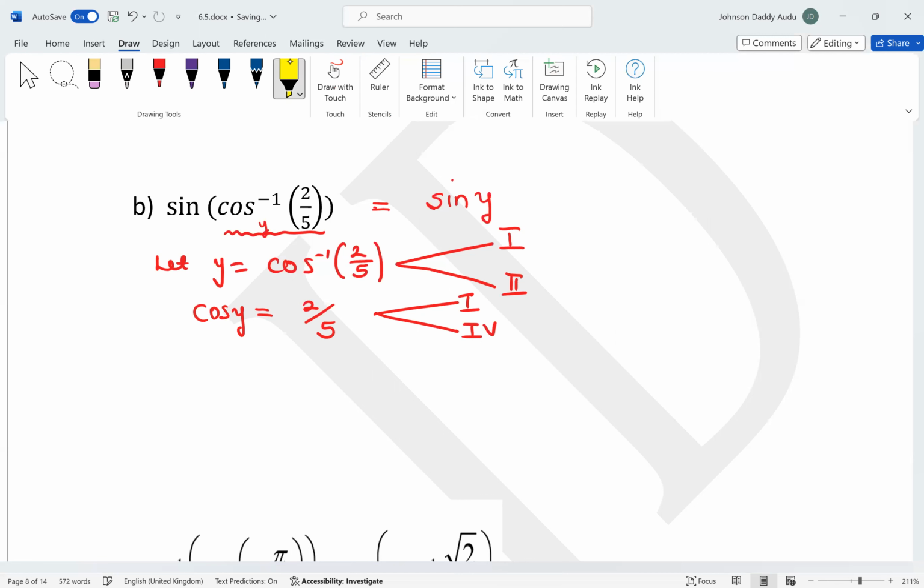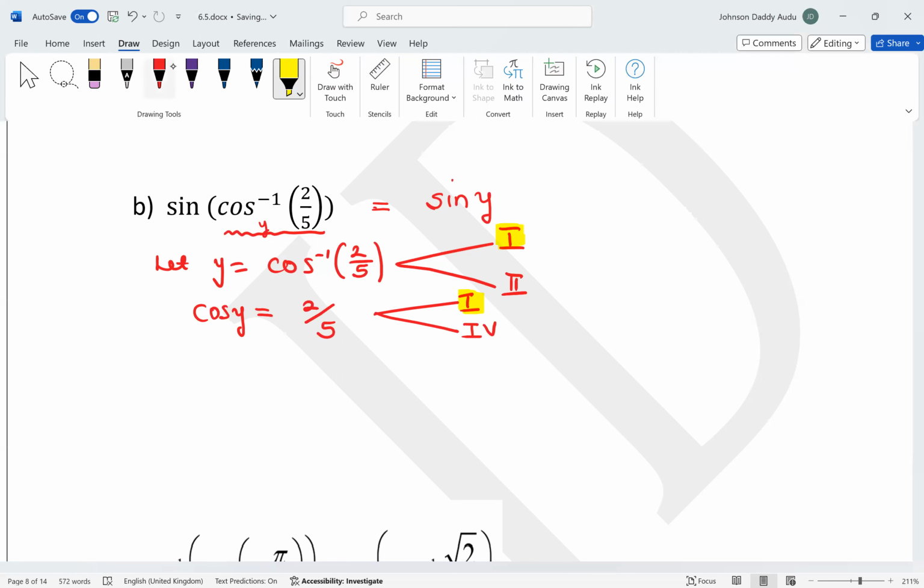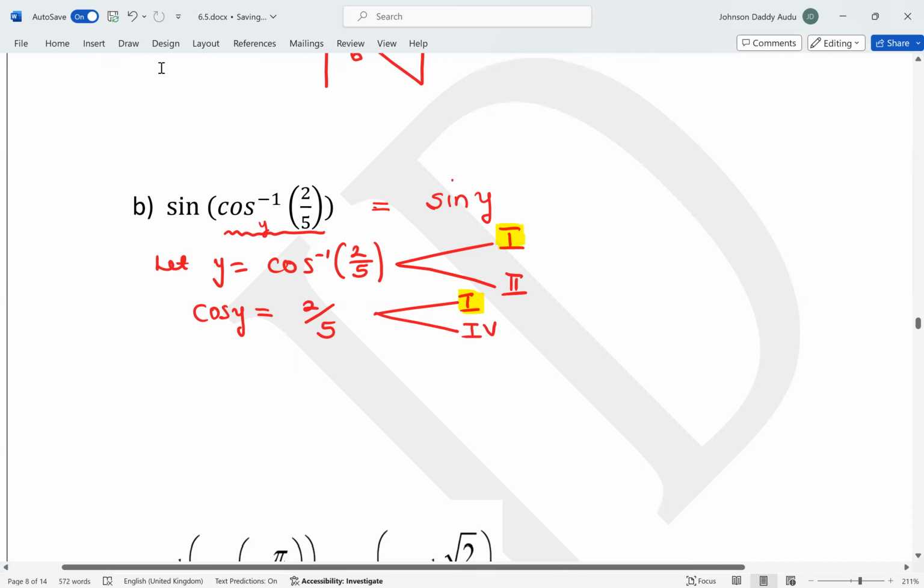Then now we go for the common quadrant, which is quadrant number 1. All right. Also here, we cannot get y star, because it would have to be a famous angle in the first quadrant whose cosine is 2 over 5. But we cannot have that.